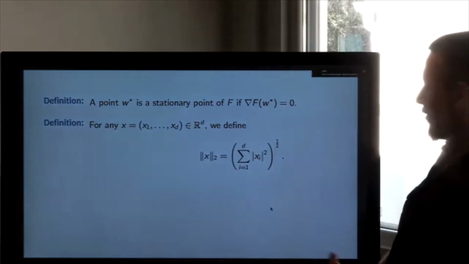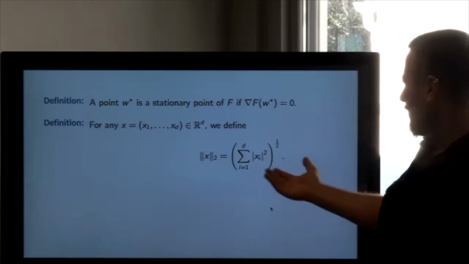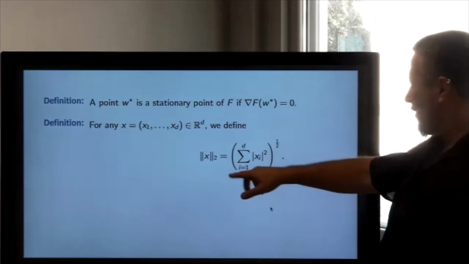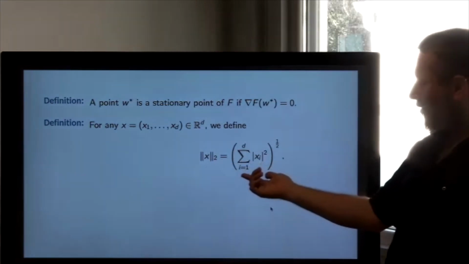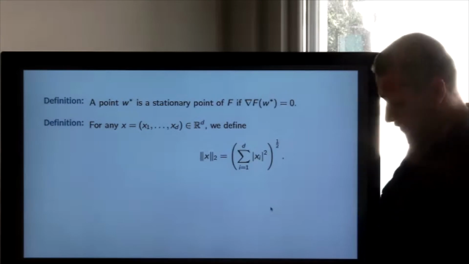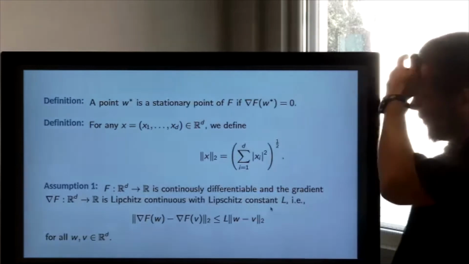Most of the time you just converge to a local minimum, which works fine for your problem. This is the L2 norm that hopefully you already know. It's just the Euclidean norm of a finite dimensional vector. There's nothing interesting there. This is the notation that I'm going to use for it.